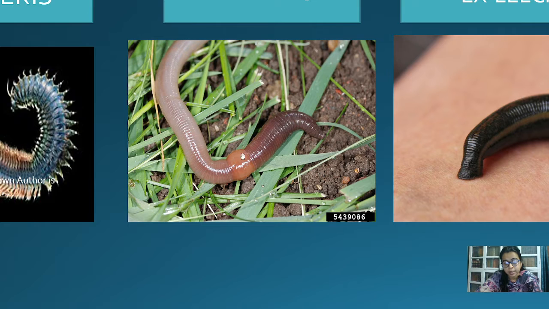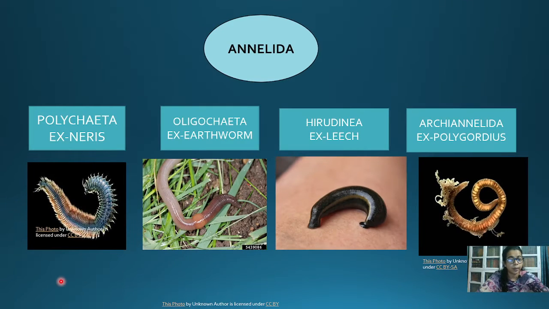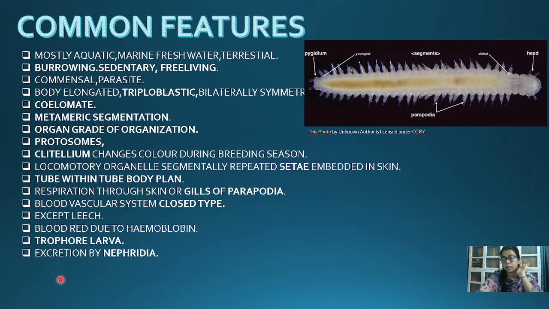In this part you can see a bulging region known as the Clitellum, or you can simply say that the Clitellum is a region of their body which changes its color during the breeding season. In a certain season there will be breeding and copulation, and during that time they will change their color. This is a very interesting feature.